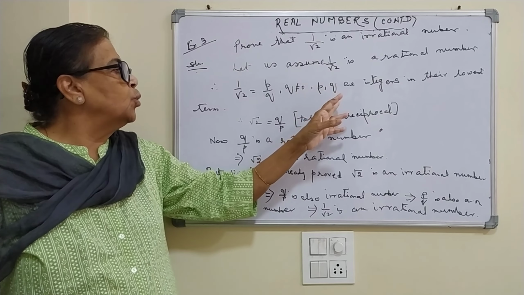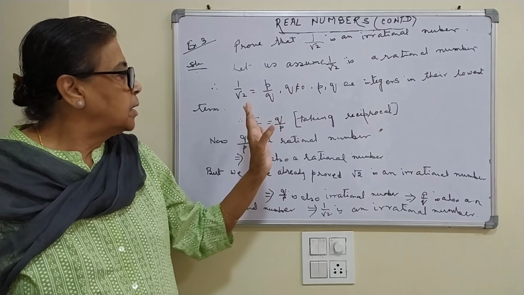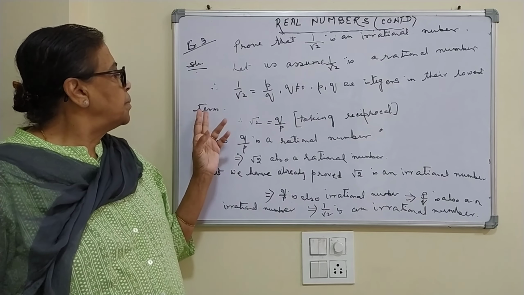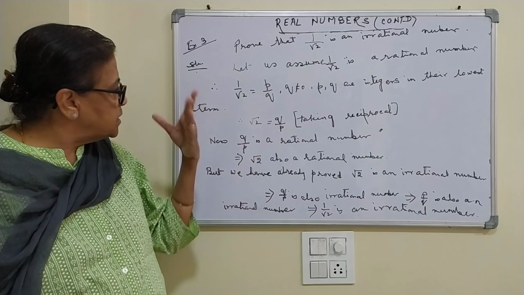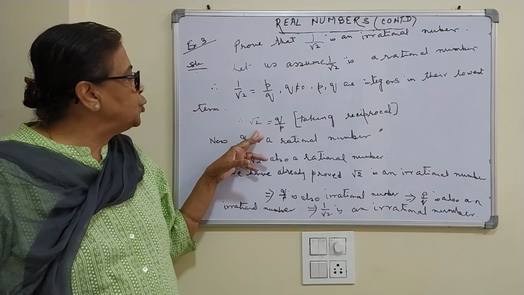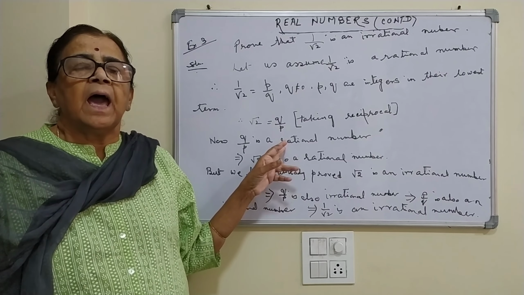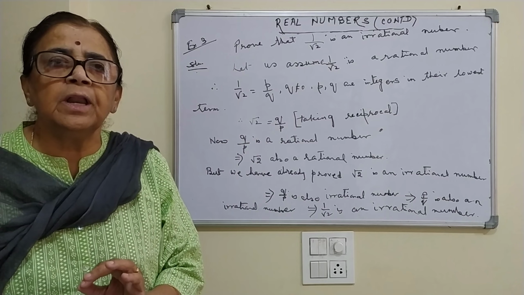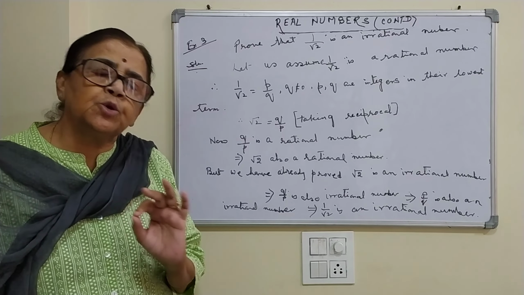P and Q are integers in their lowest term. Okay, so I take the reciprocal of it. That is root 2 is equal to Q by P. As P by Q is a rational number, then Q by P is also a rational number.